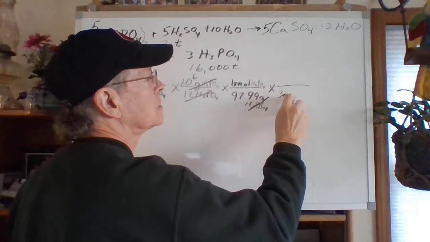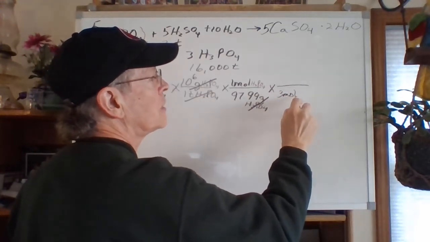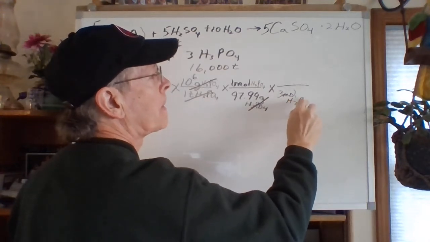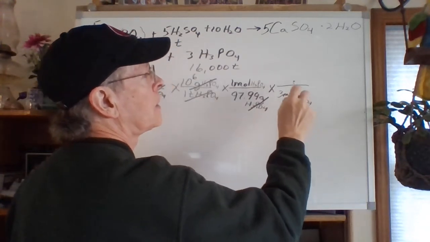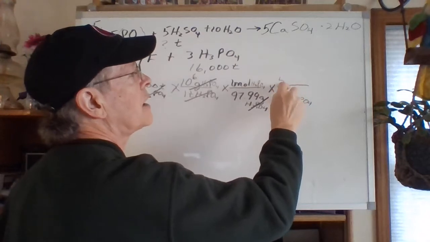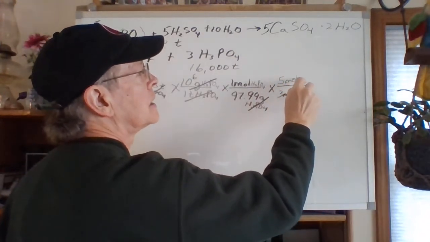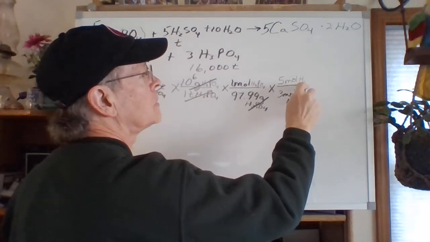3 moles of phosphoric acid are produced for every 5 moles of sulfuric acid used.